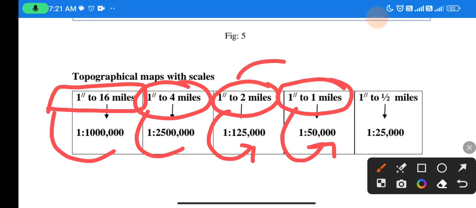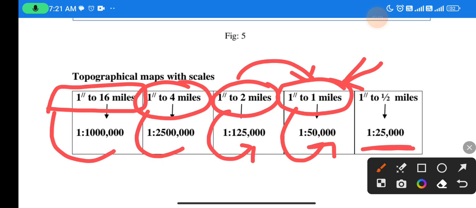Now you see, it is coming 2 to 1, that means half. So how can it become 50,000? That is the confusion here.